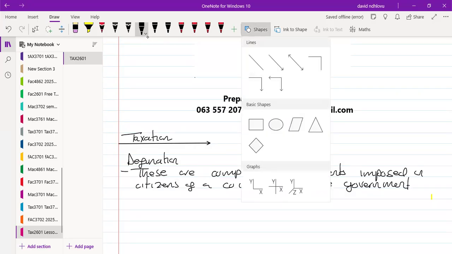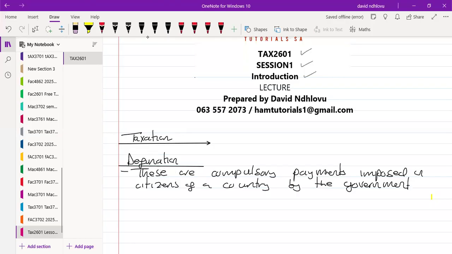So these are compulsory payments required of citizens or imposed on citizens by the government of that particular country.